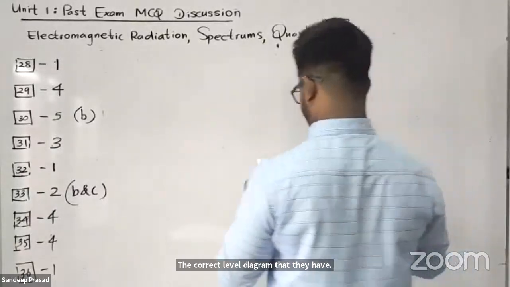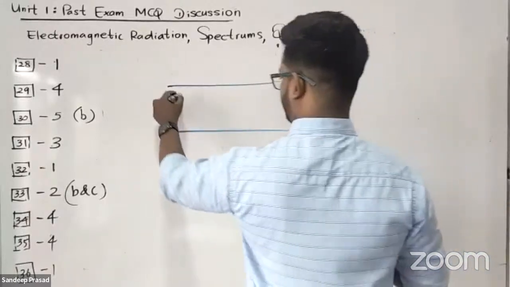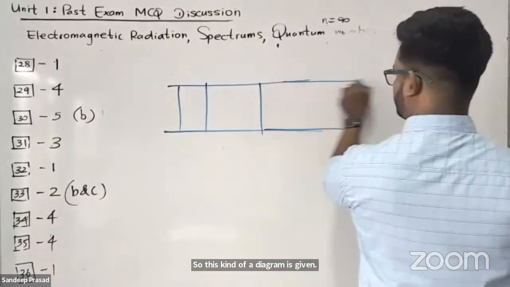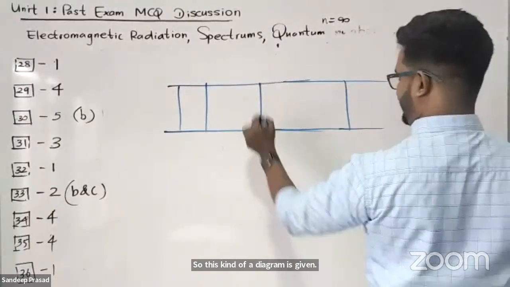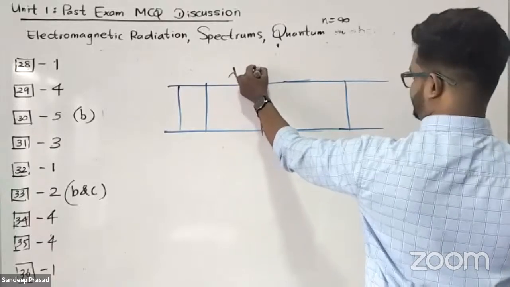So this kind of a diagram is given. So the lambda is increasing in this direction.